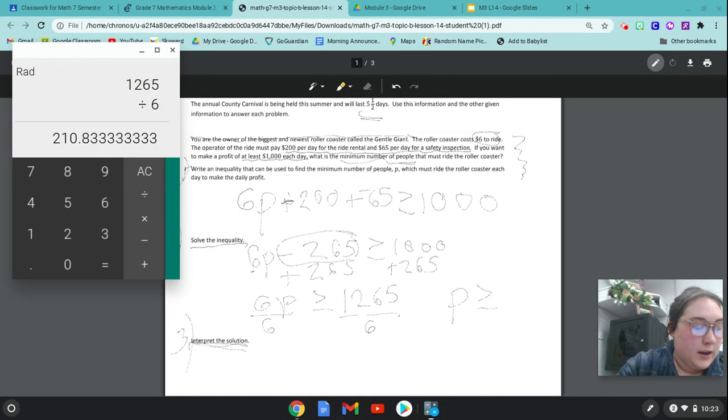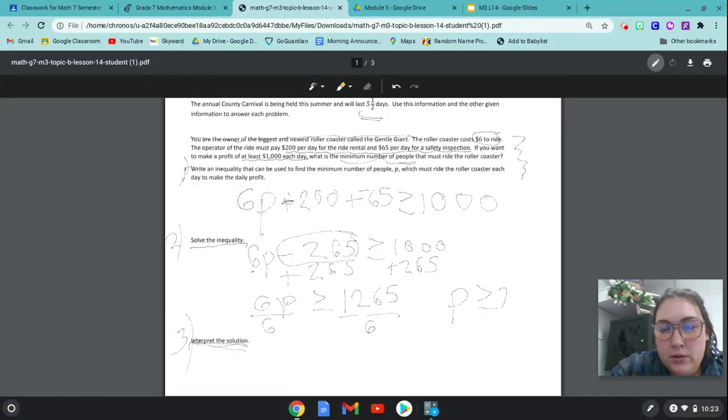So I have to have at least 210.8333333 people. Well, 0.8333333 can't write it, so I need at least 211 people to ride the ride to make a profit greater than or equal to $1,000.